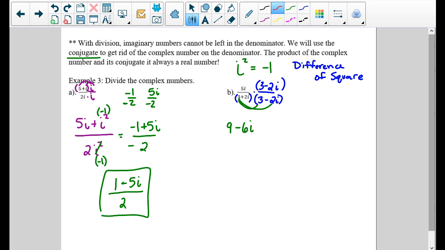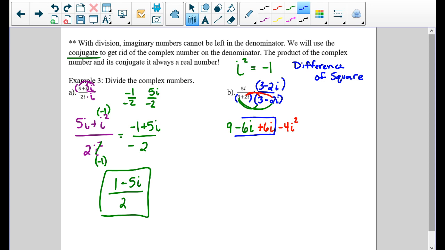And then we're going to multiply the 2i. So 2i times the 3 is a +6i. 2i times a -2i gives me a -4i squared.